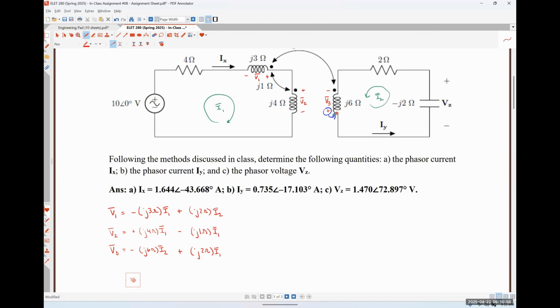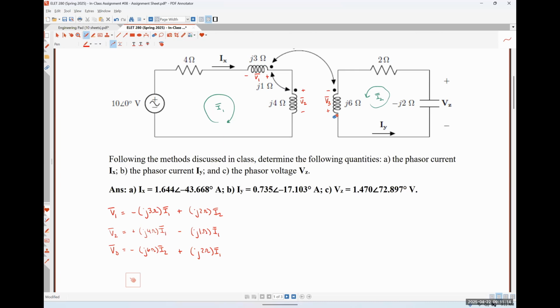So I hope, and we'll practice this more today, that I have imparted to you that this is genuinely the hardest part of this type of circuit analysis. It's so easy to make some small mistake.